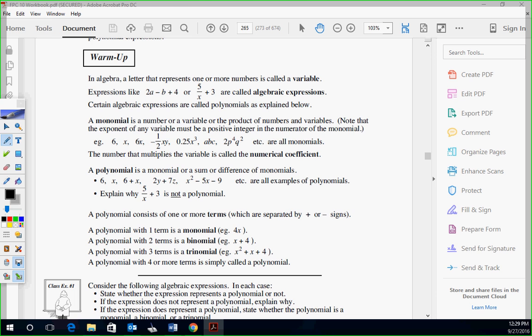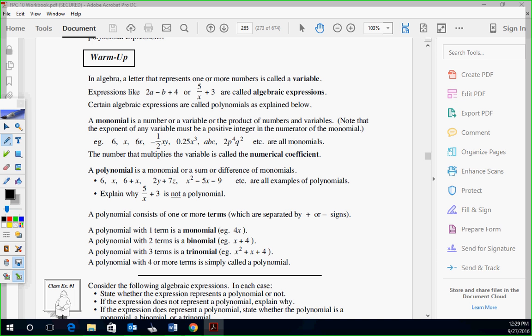Explain why 5 over x is not a polynomial. Why is that not a polynomial? By definition of polynomial, it has to have a positive exponent. So this actually is technically an x to the what? Negative 1, right? Because it's on the bottom. So it's not a polynomial because it doesn't have a positive exponent.